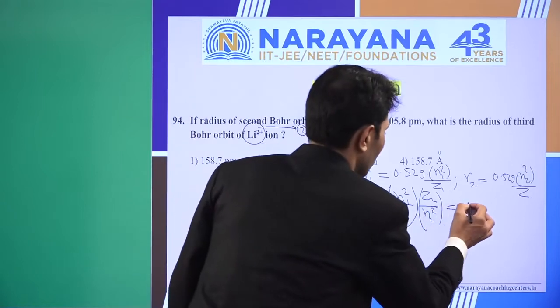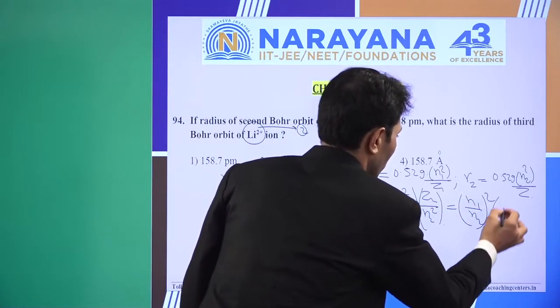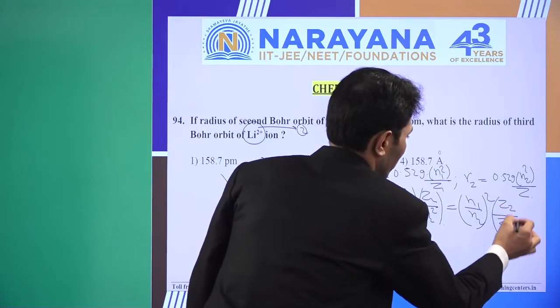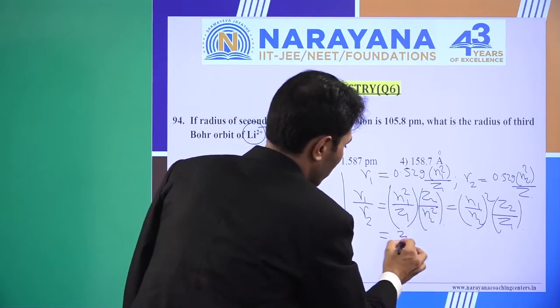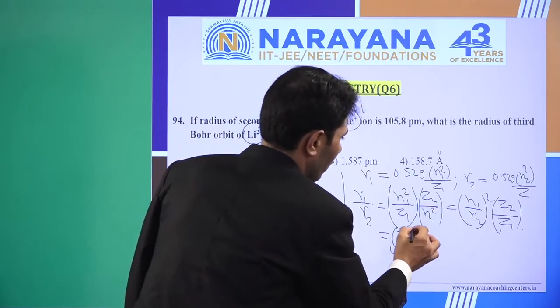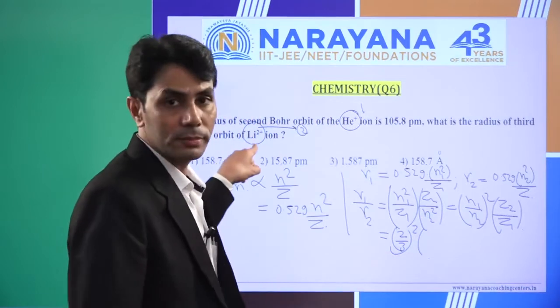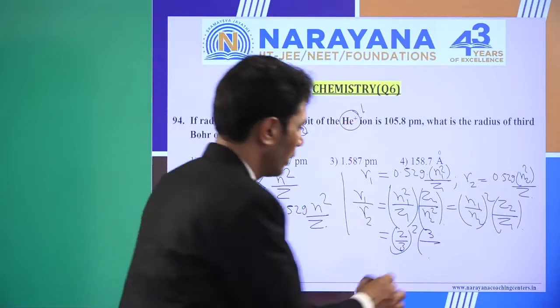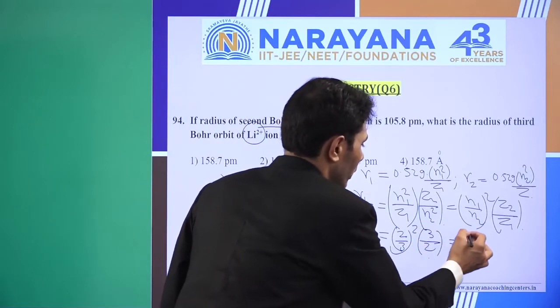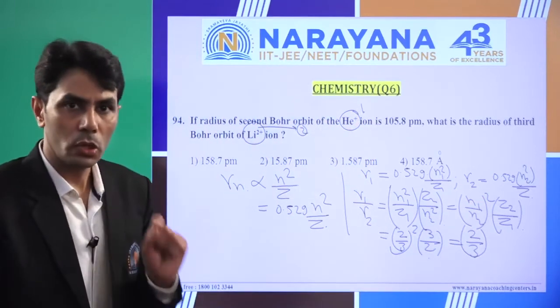So I am saying n1 by n2 square into z2 by z1. So 2 by 3 square into, what is the atomic number of lithium? It is 3, and for helium it is 2. So it is effectively 2 by 3.